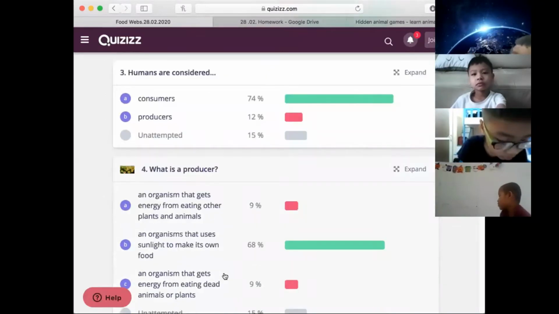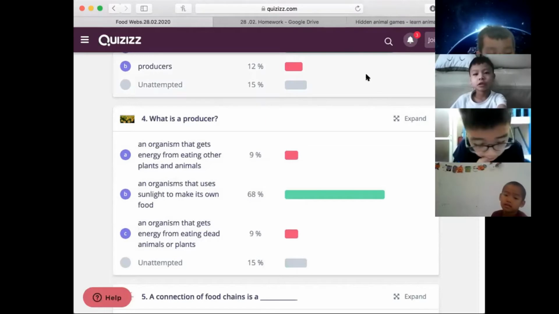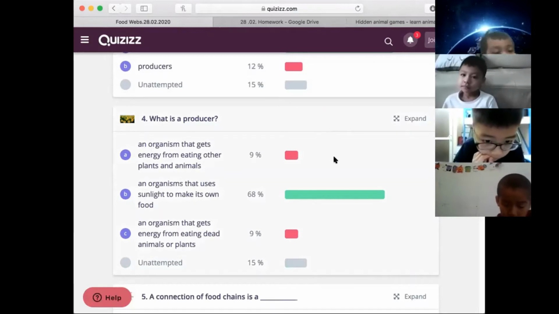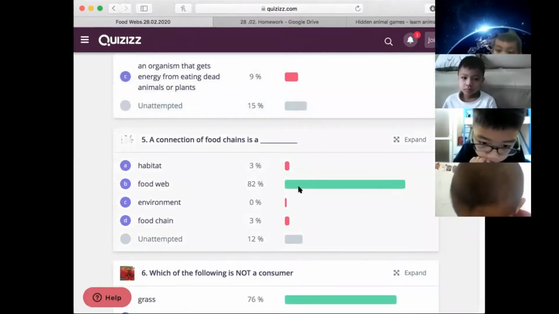Very good. Number 4, can someone read the entire answer for me? Well, actually, we just said this one. Kiwi and Teddy told us a producer is an organism that uses sunlight to make its own food. Very, very good. All right, number 5.